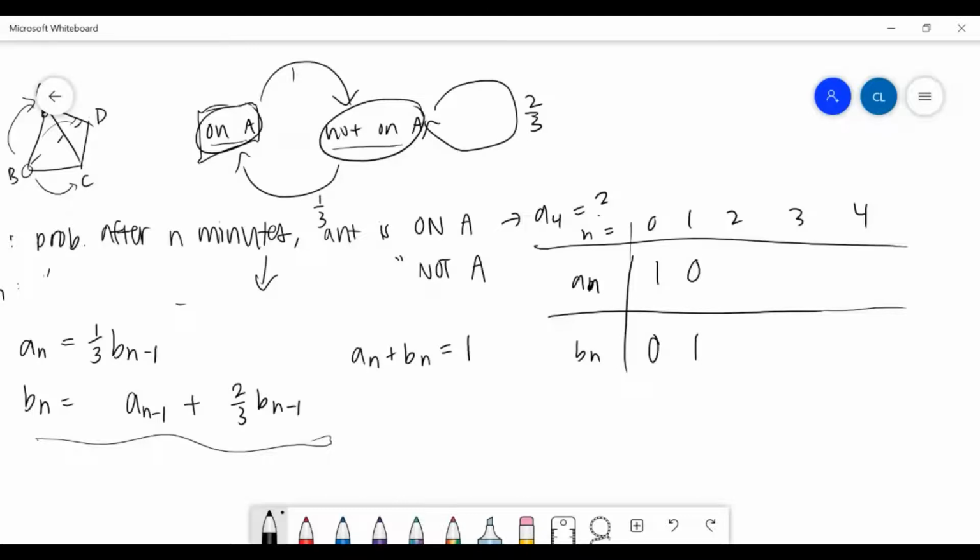Okay, A_2 is equal to 1/3 times 1, so 1/3, and B_2 is 0 plus 2/3, which is 2/3. And then A_3 is 2/9. B_3 is 1/3 plus 2/3 times 2/3, which is 7/9, I think.